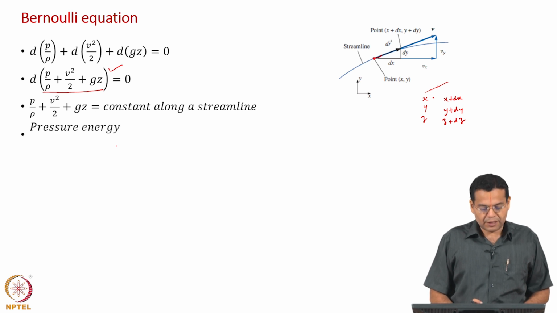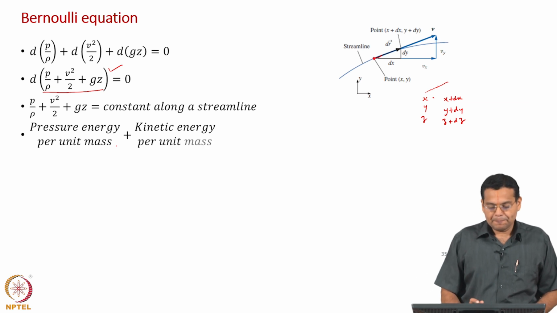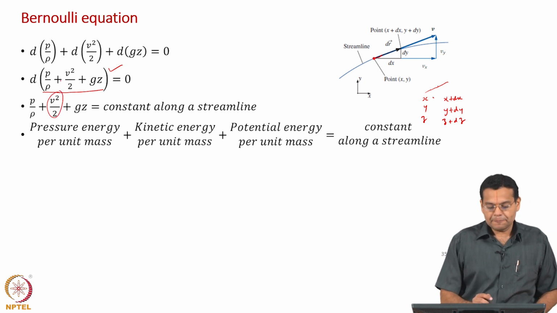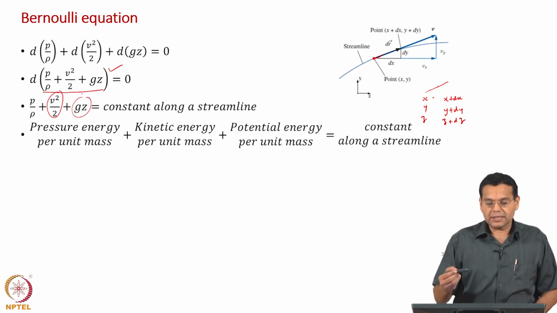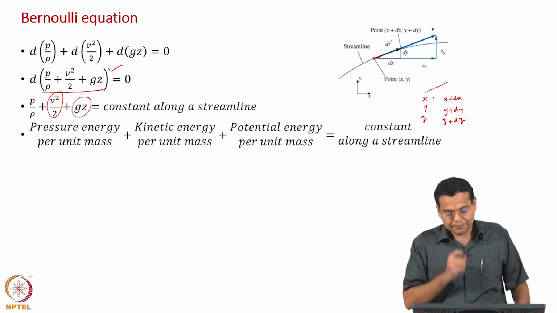Those terms should be familiar to you. The first term is pressure energy per unit mass, and then the second term is kinetic energy per unit mass, very familiar to us. Third term is the potential energy per unit mass, equal to a constant along a streamline. What is this pressure energy?